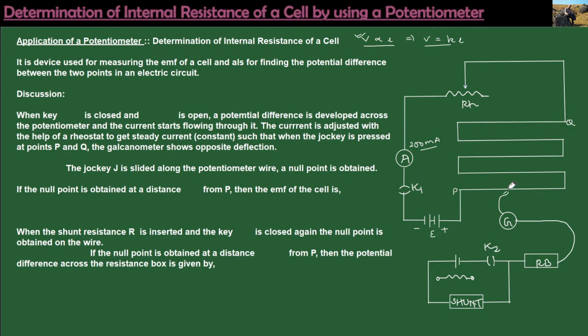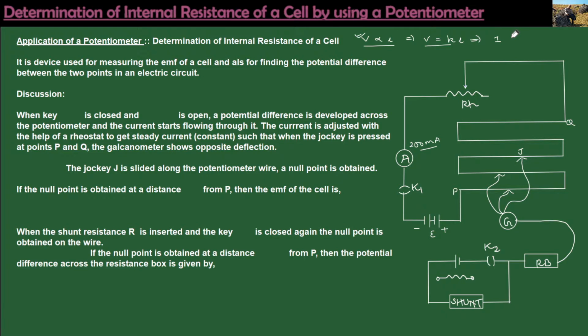even if we point the pencil jockey on the first wire, or if we take that pencil jockey again and point on the second wire, or slide on the third wire, fourth wire, fifth wire. Irrespective of the position of this pencil jockey J, the current will always be constant, and that is also one of the most important key features of a potentiometer.